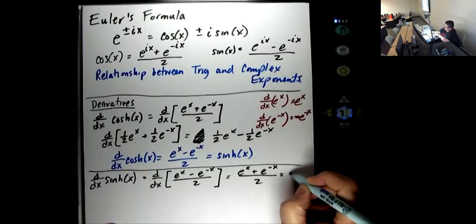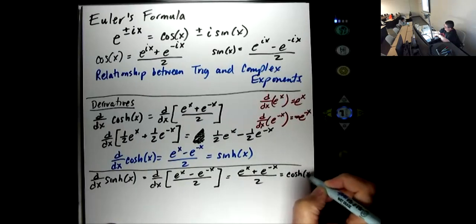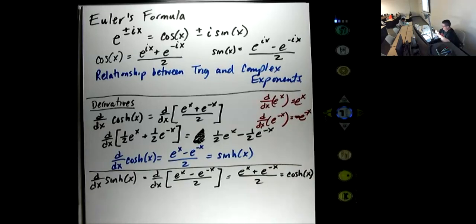So this is cosh x. So they're the derivative of each other, just like sine and cosine are, but there's no change in signs.